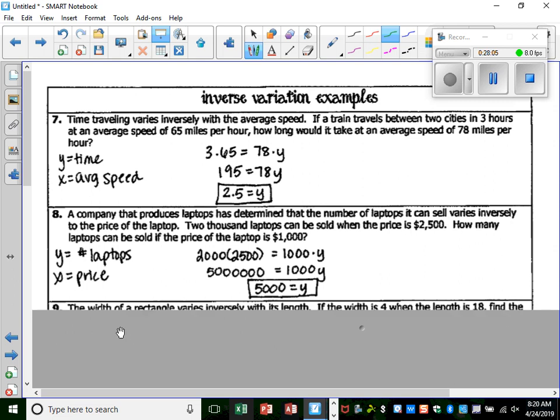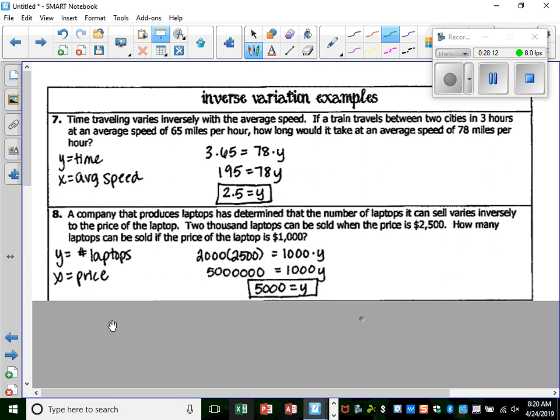All right, let's look at number 8. A company that produces laptops has determined that the number of laptops it can sell varies inversely to the price of the laptop. So what comes first is y, second is x, and you're just multiplying the two numbers together.